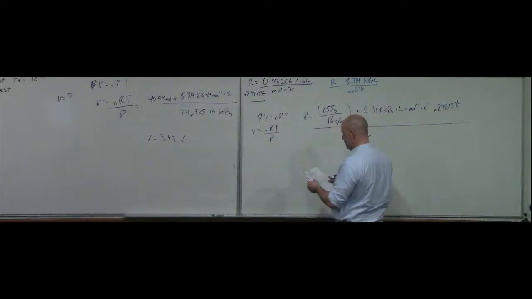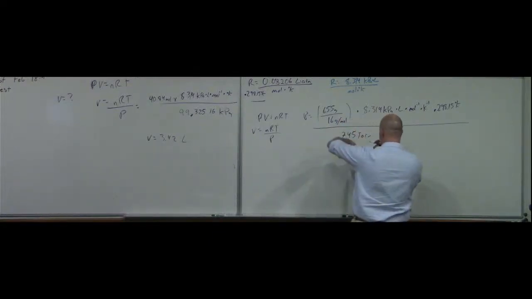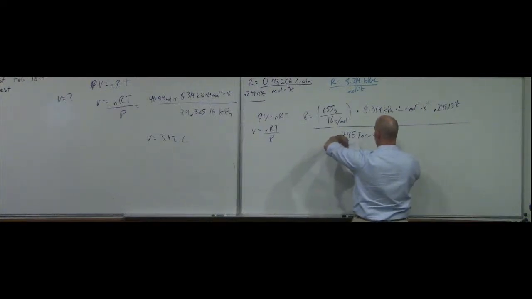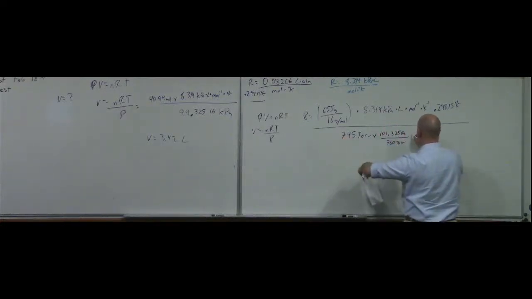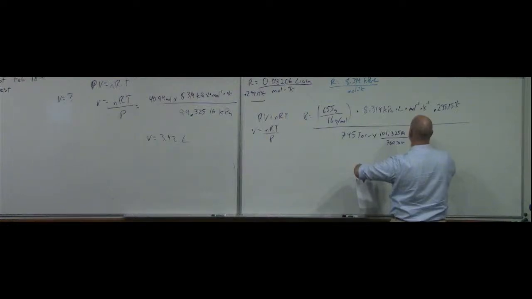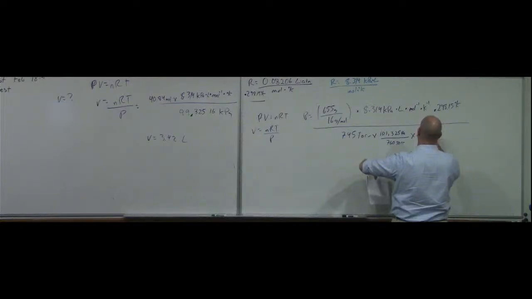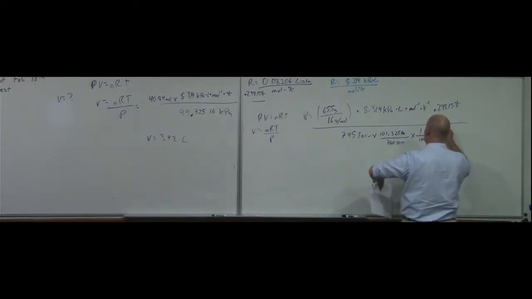I did the Pascal, 101.325 Pascal equals 760 torr. Okay, so we multiply by 101.325 Pascal over 760 torr, right? And then we convert with 1,000 Pascal over 1 kilopascal, right?